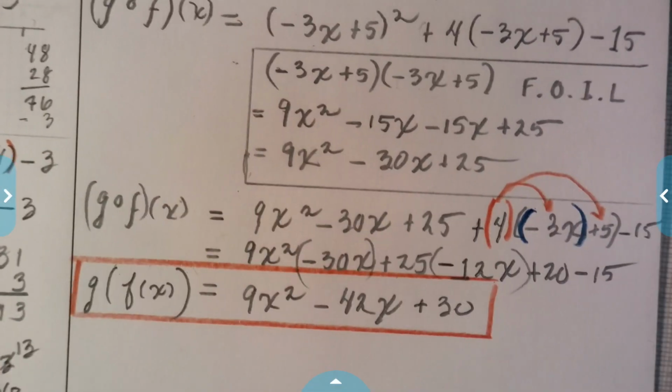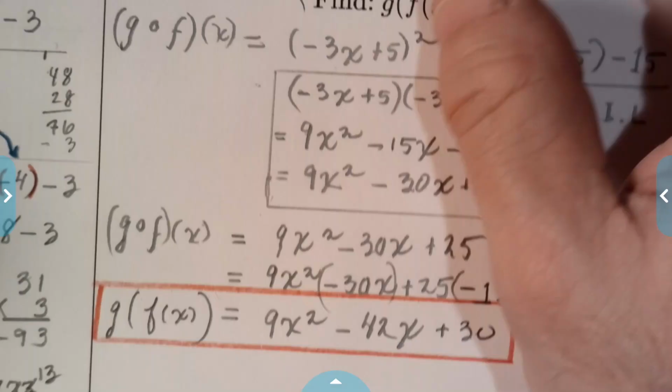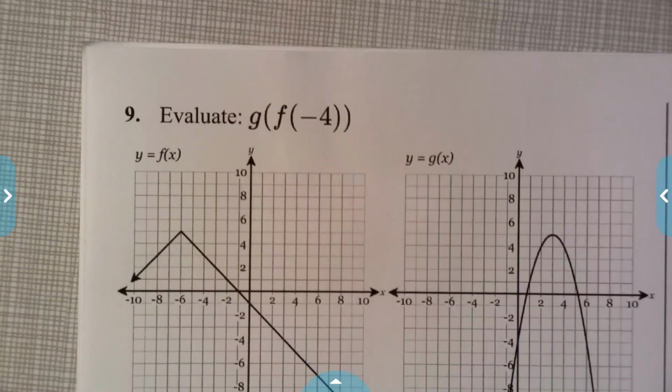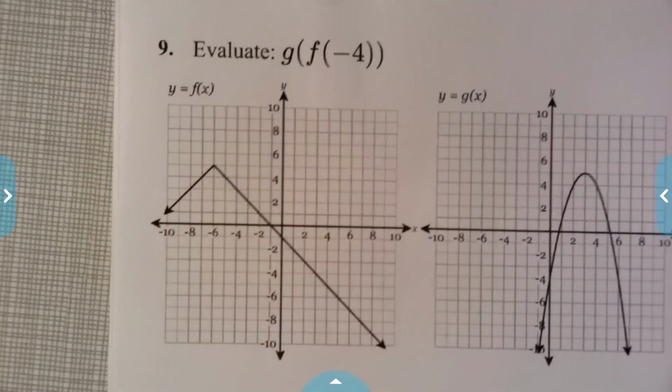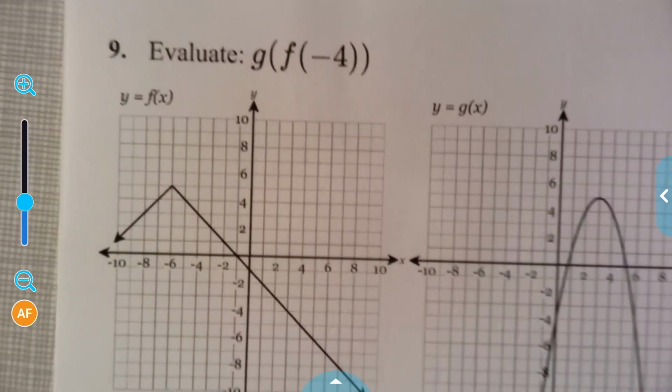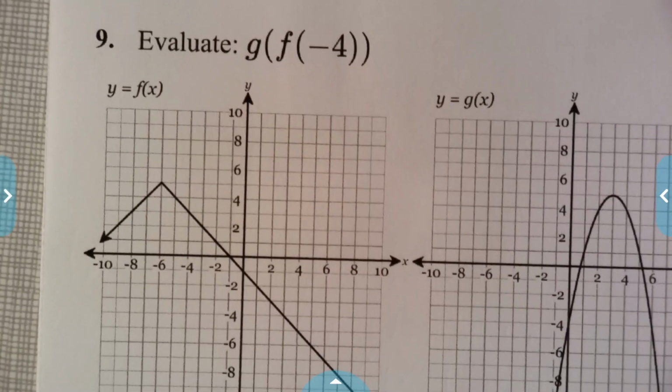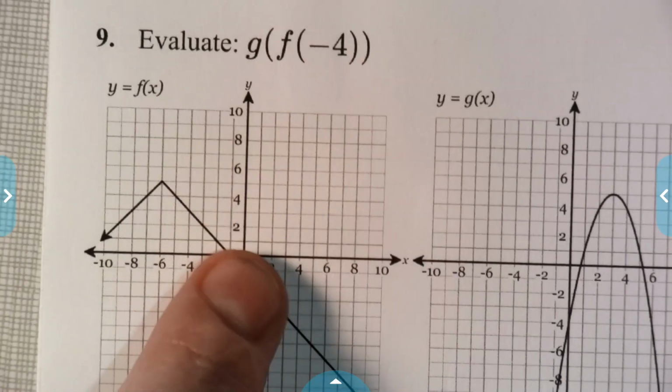All right, now for the final two problems, we kind of switch gears a little bit and we evaluate graphically. So let me show you what we're doing here. We're going to look for the graph of f of x, this one.